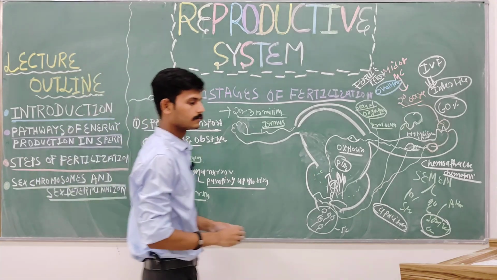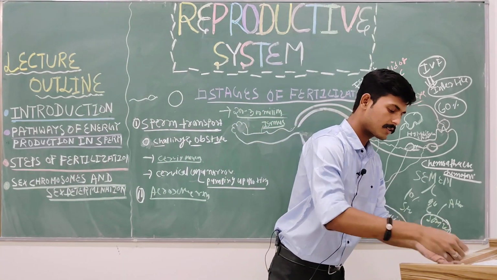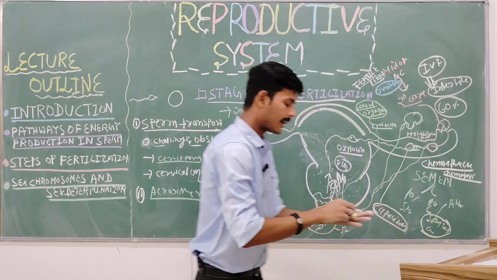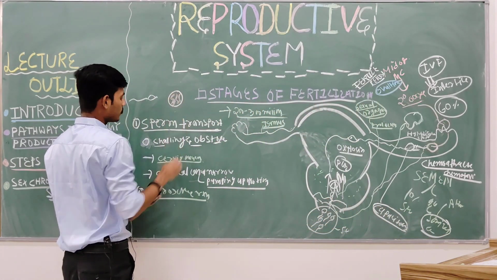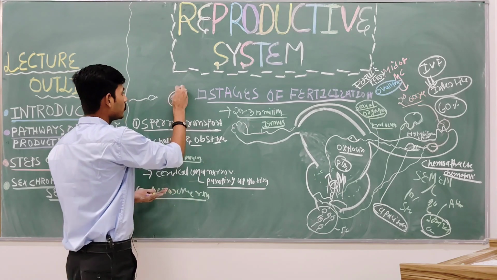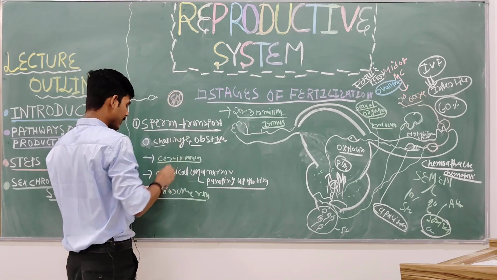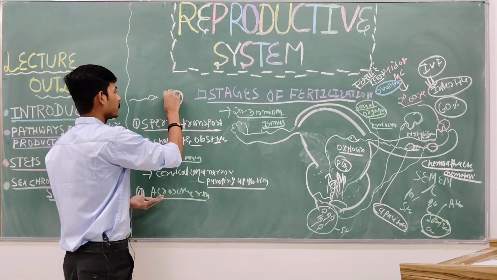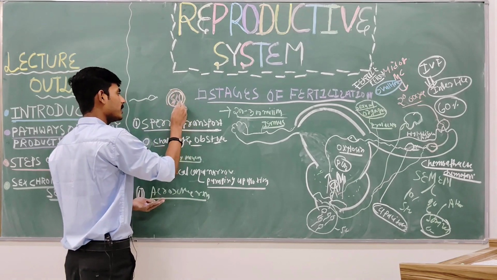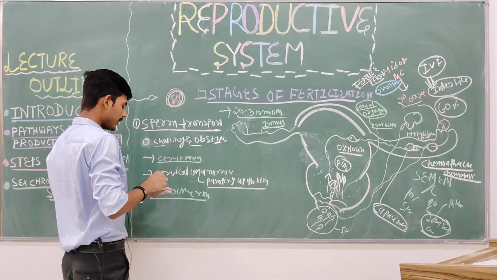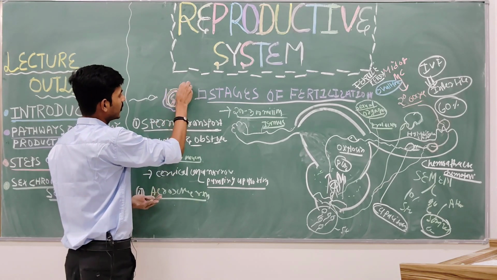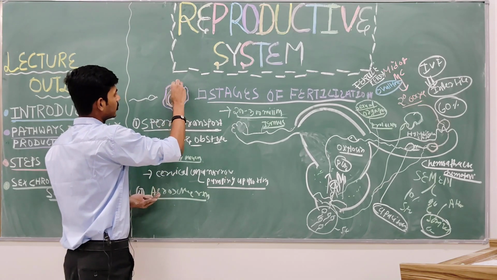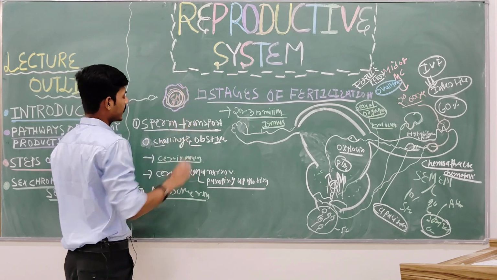Quick, tell me what things the egg has. The egg has the genetic material, the chromosomes, the nuclear covering, then the glycoprotein layer, the zona pellucida, and outside of that the outer layer, the corona radiata.